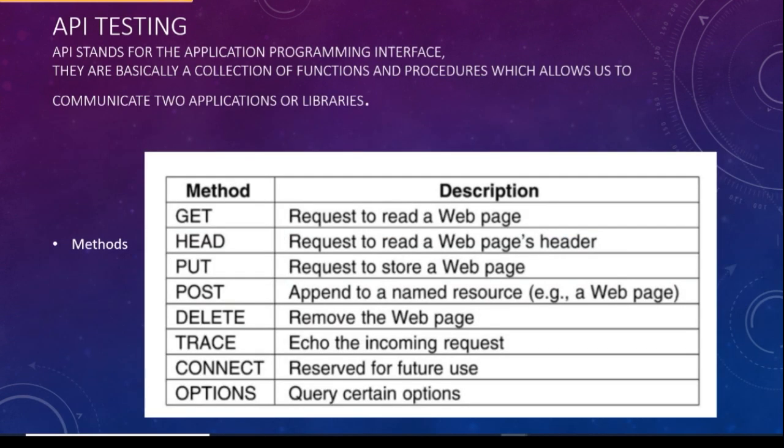It will be beneficial for a tester to learn API testing as well, using several tools available in the market. We can use Postman, we can use SoapUI, and many more tools are available for API testing. So what exactly is an API? API stands for application programming interface. It is basically a collection of functions and procedures which allow us to communicate with an application or library.